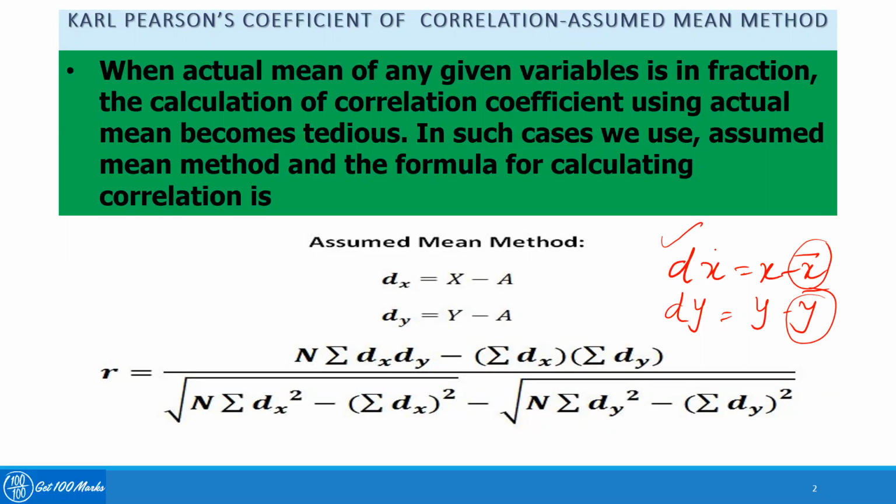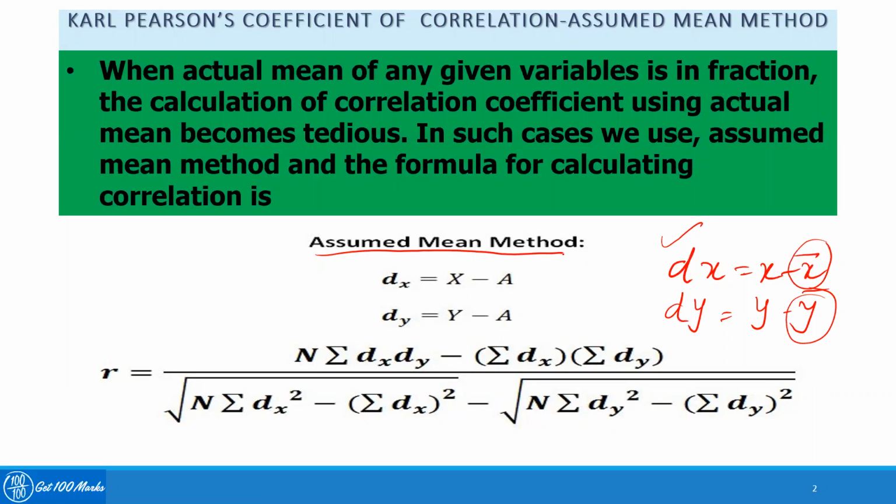Then squaring them, dx square, dy square, and even dx dy, all these values will be very big decimals, and it becomes a tedious job. To avoid that type of situation, we normally use a method called the assumed mean method.